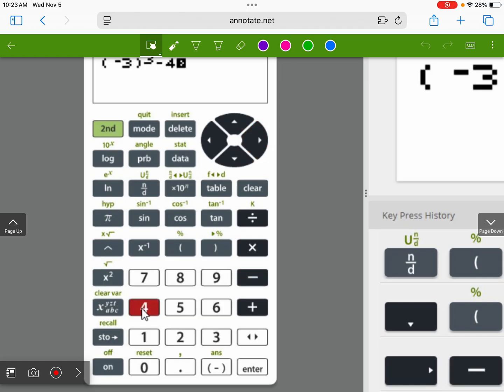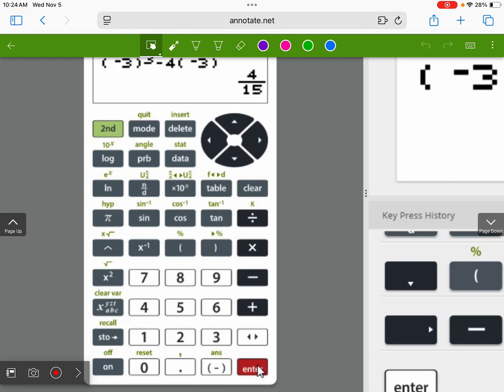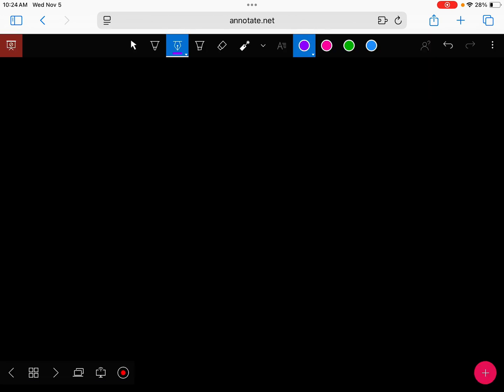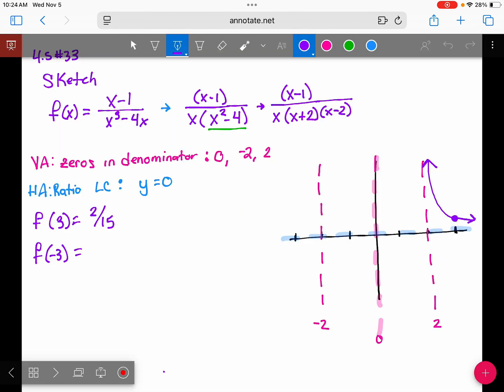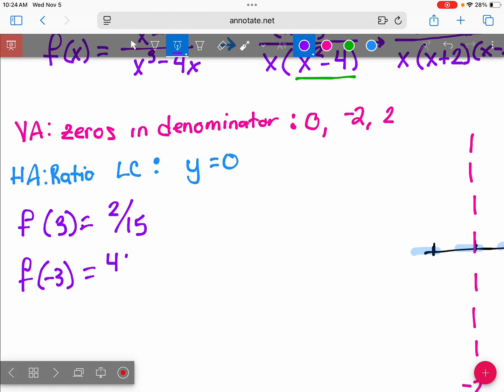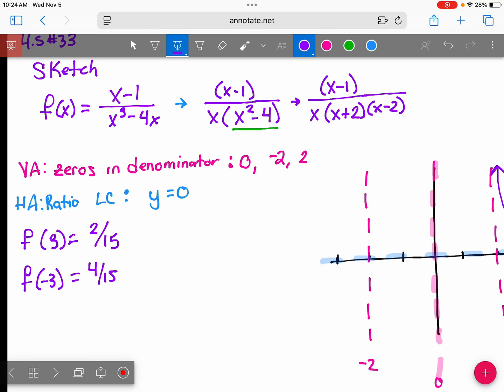Minus 4 times that -3. So I'm substituting the -3 in place of all the x's in my function rule. And so we get 4/15 for -3. Which again means we have a positive value over here.